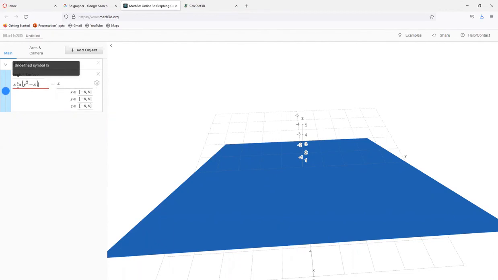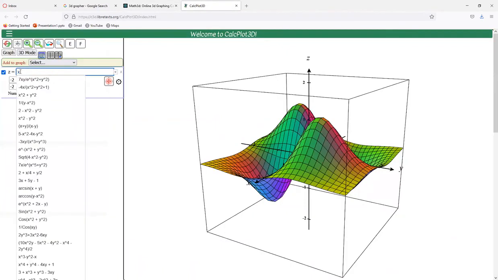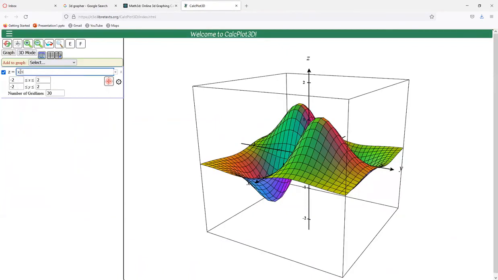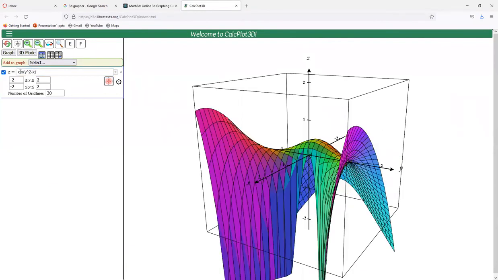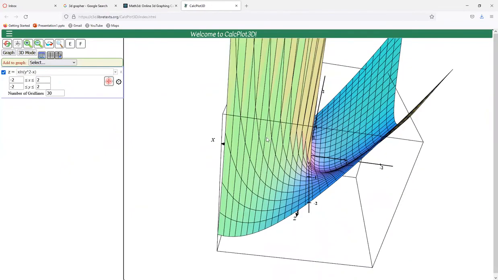I think it doesn't recognize this. Let me use a different function. Okay, perfect. It's much better. So this is this function in 3D.